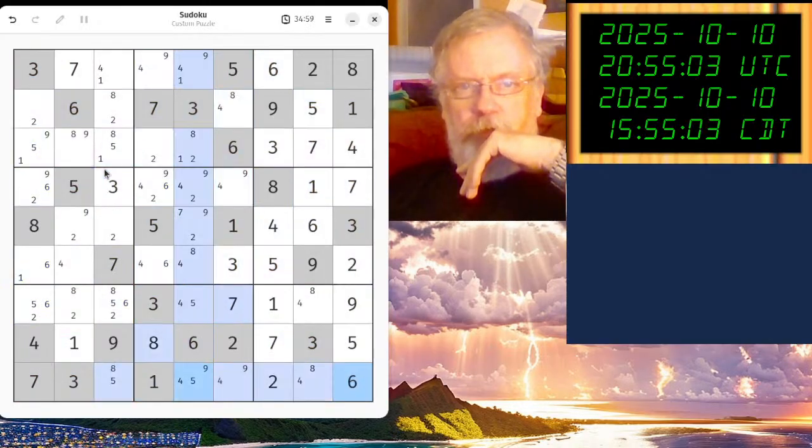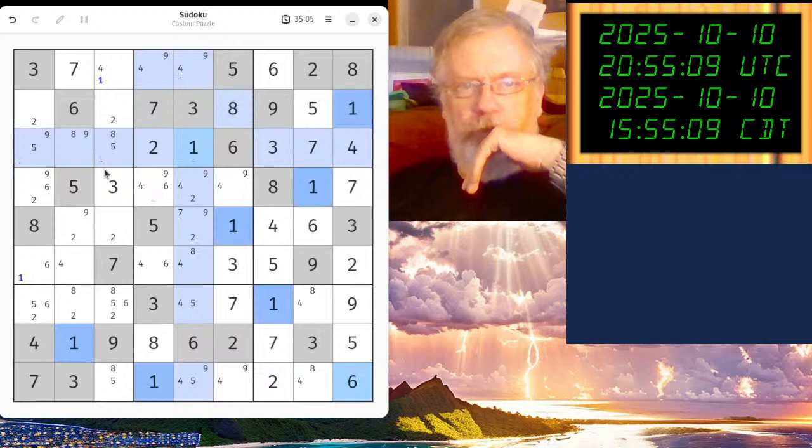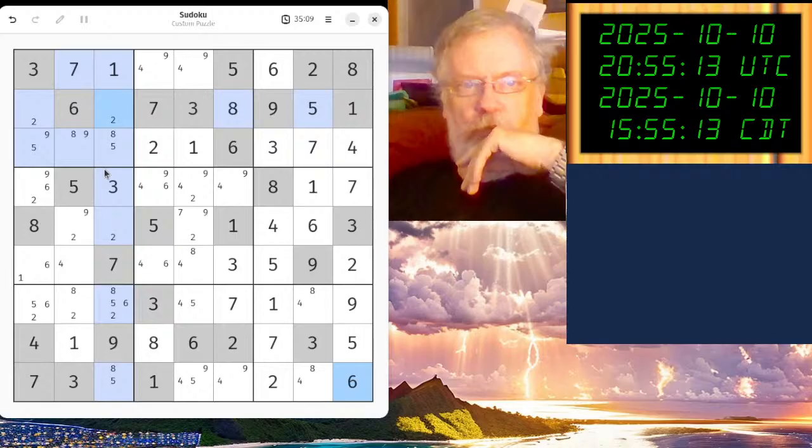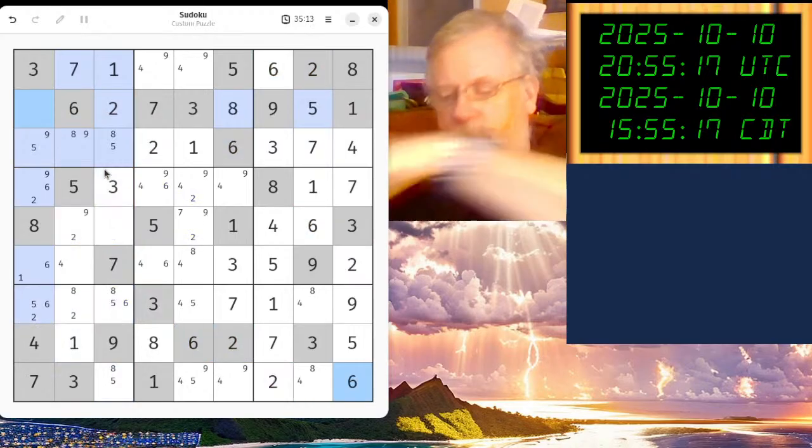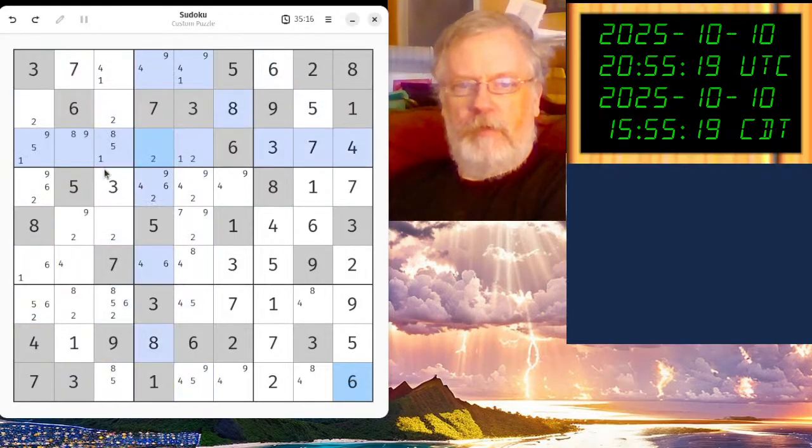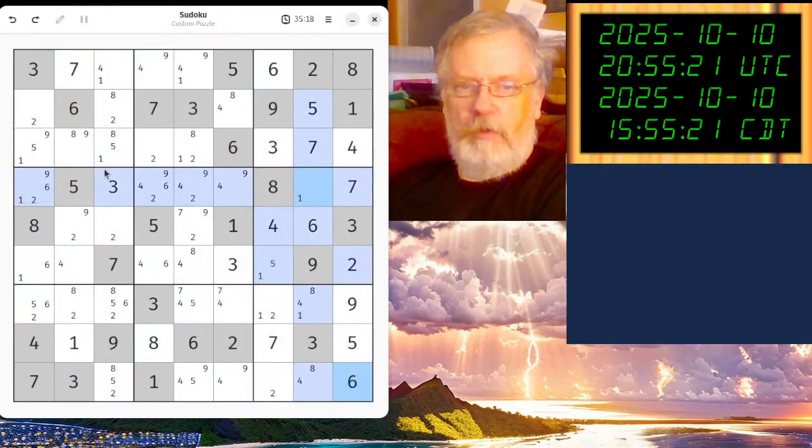This up here becomes an 8. 2, 1 here. 4, 9, 4, 9 means this is a 1, this is a 2, and this is blank now. All right. So that 7, 5 option doesn't work.